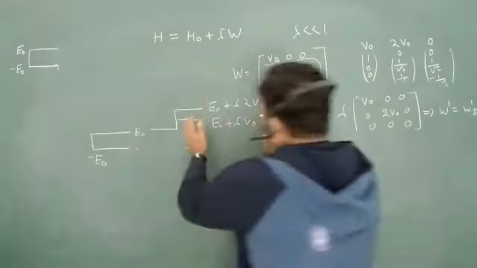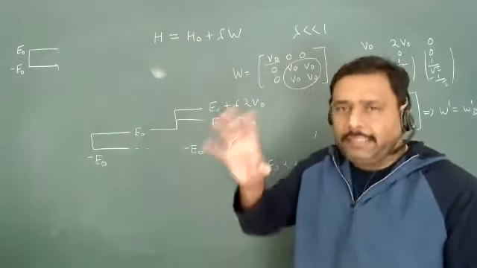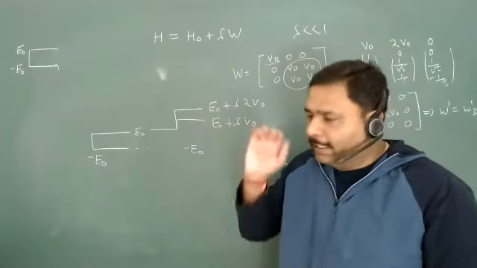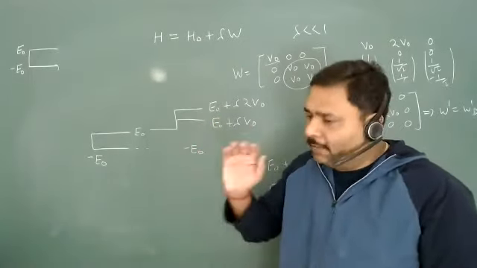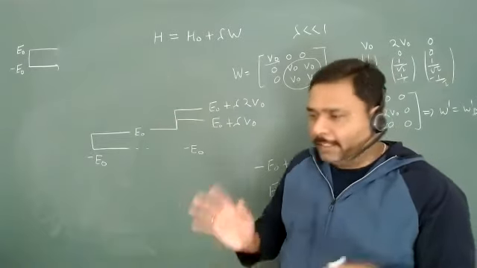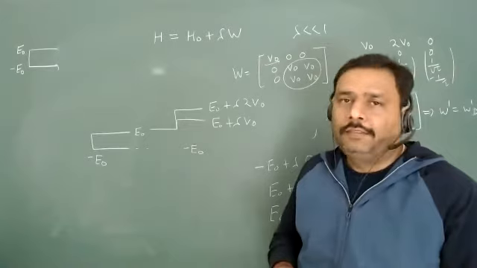And the best part is that the non-degenerate part remains the same. So I make my matrix W dash in such a way that it will only disturb the degenerate part. Look at this thing. This is very important.